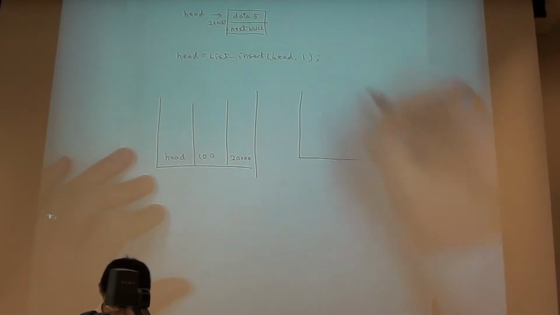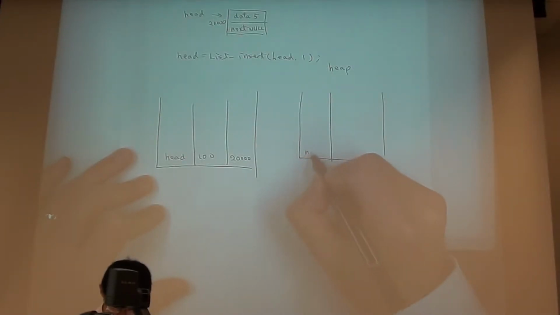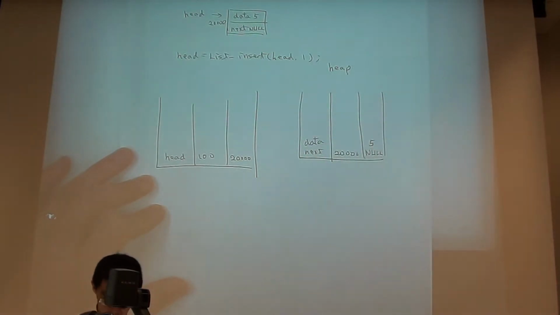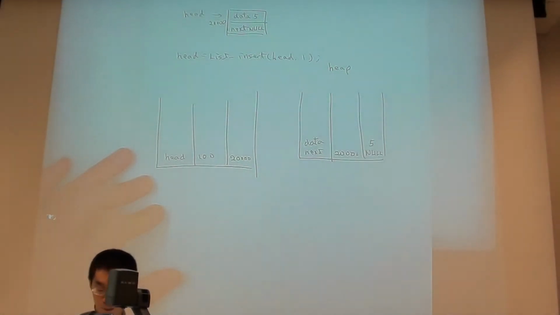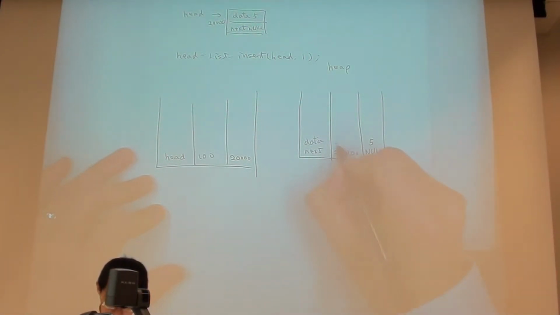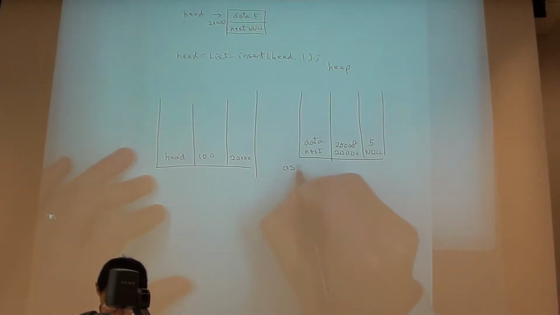In the heap memory, this is next, address 20,000. Now on a 64-bit machine, the address will need 8 bytes, so I'm going to write it this way.